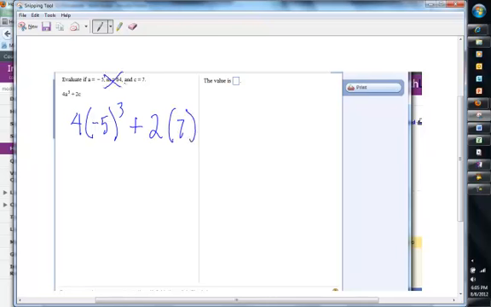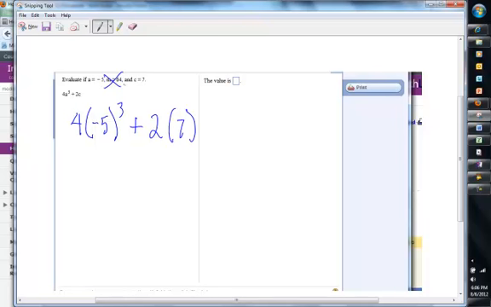Notice you don't need m. So on our calculator, we would press 4. And actually, we don't even need to press the times key. We can just put in 4, parentheses, -5, close parentheses, to the third, plus 2 times 7, equals.